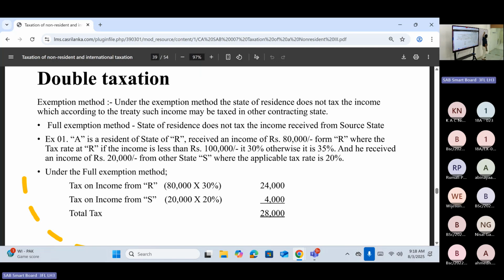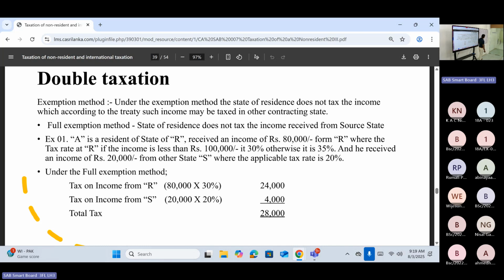Now, person A is a resident of country R. He is receiving income of 80,000 from country R. In country R, if the income is less than 100,000, the rate is 30%; if it is equal to or more than 100,000, 35%. Country S tax rate is 20%.